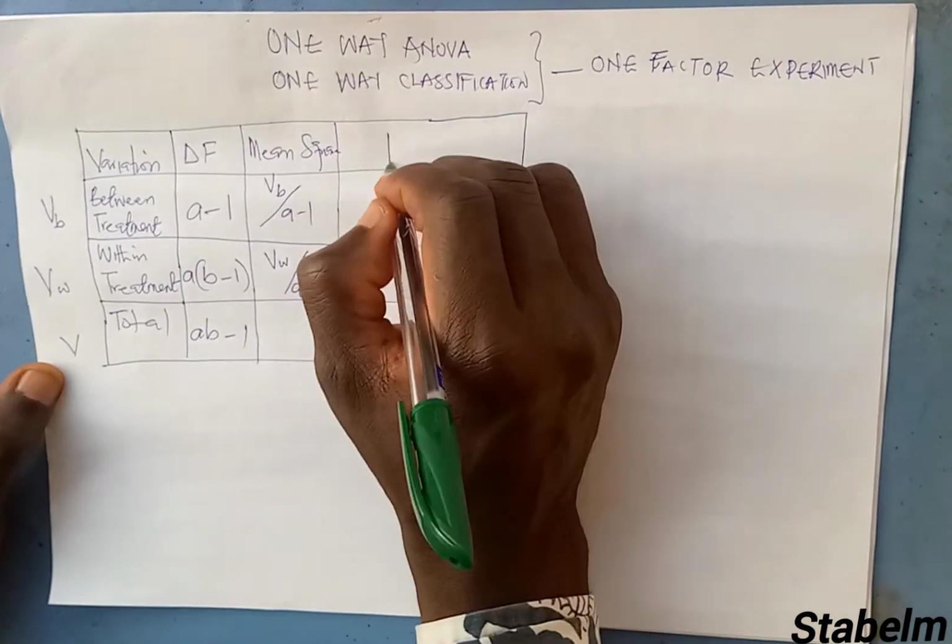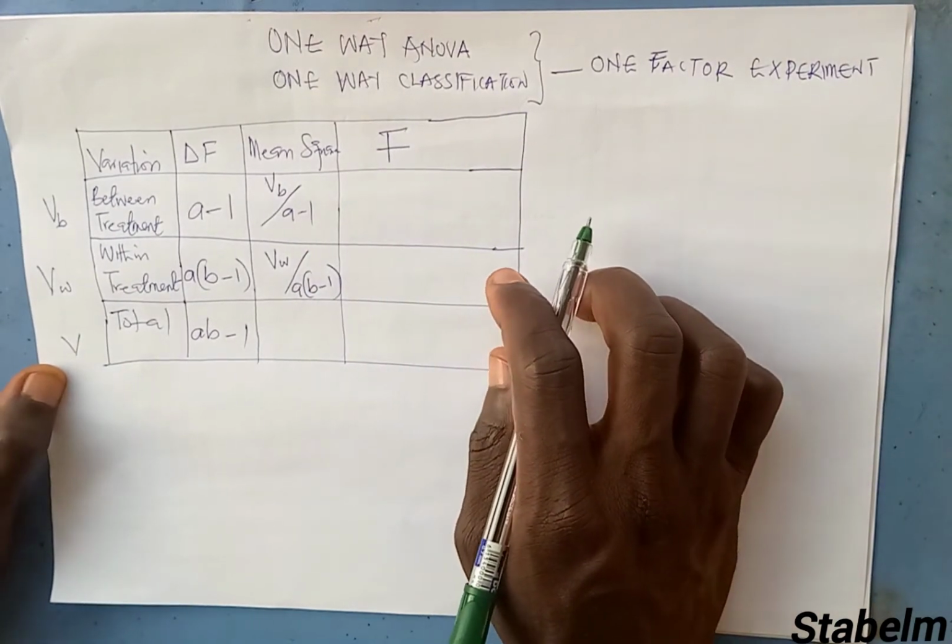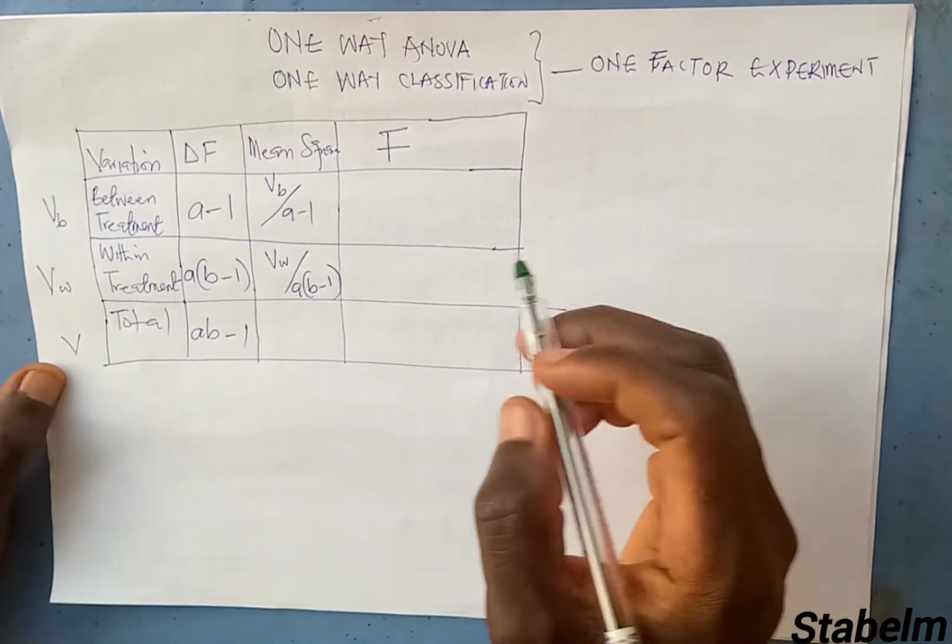And finally here, we have the F statistic. How do we get the F statistic?